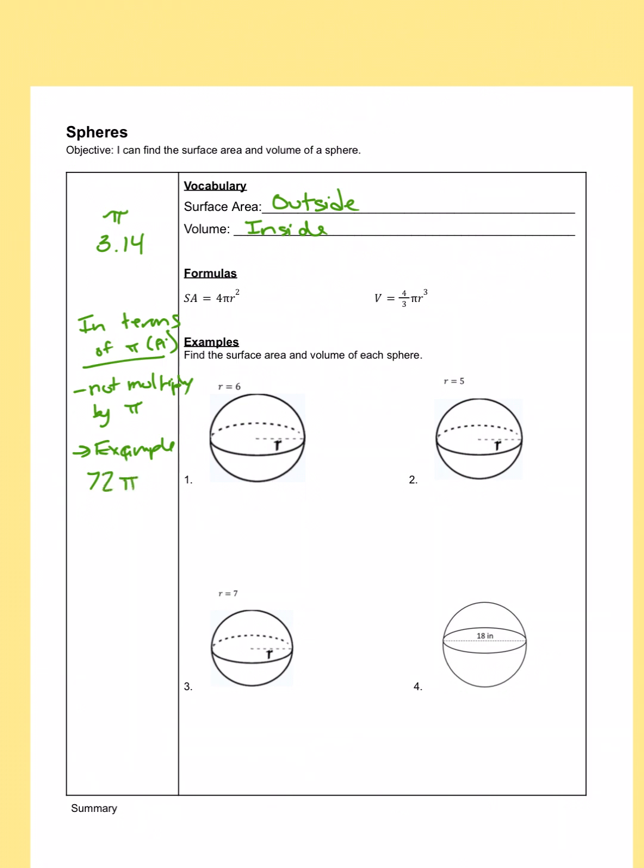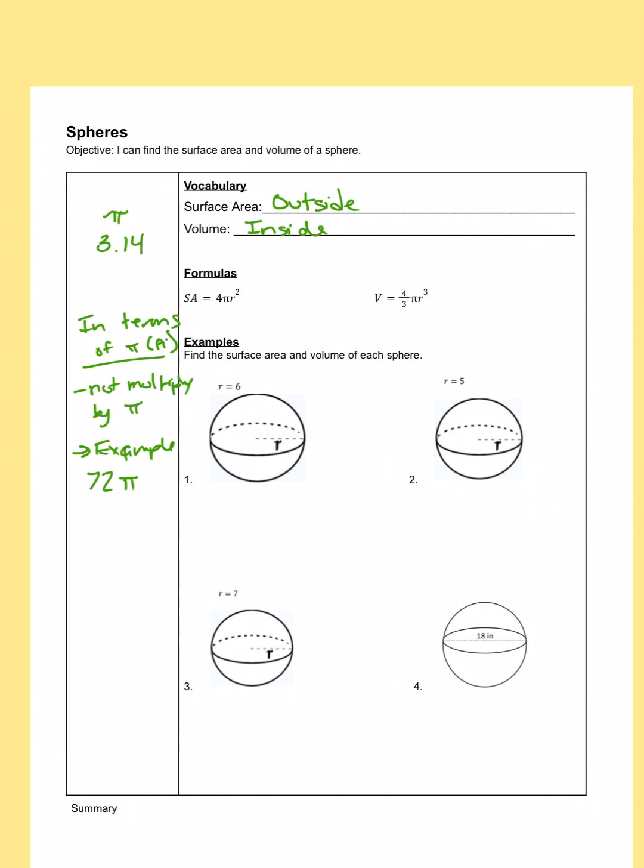So you multiply all the other numbers, but you just don't multiply by the 3.14. You just multiply everything else, and then once you have the rest of the answer, you bring your pi symbol to it. So if your answer was 72, then you've got 72 pi. So that's what it means when it says in terms of pi.